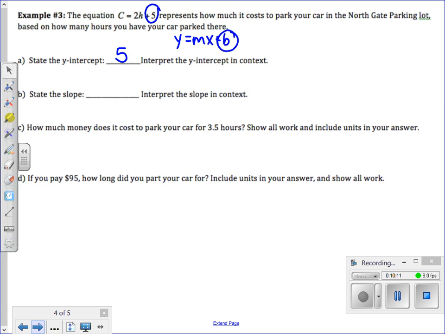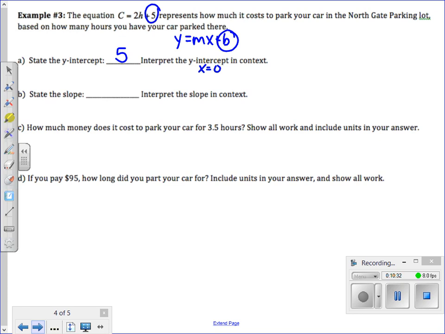Interpret in context. Well, we're talking about how much it costs to park your car. Remember that the y-intercept always happens when x equals 0. So the x, that's like our h for time. Well, if time was 0, the y-intercept would be 5.